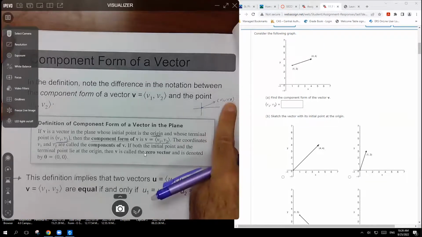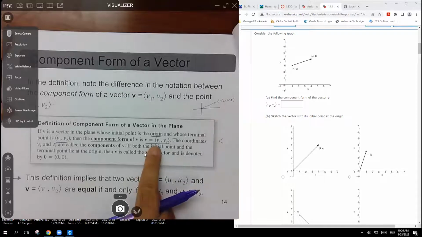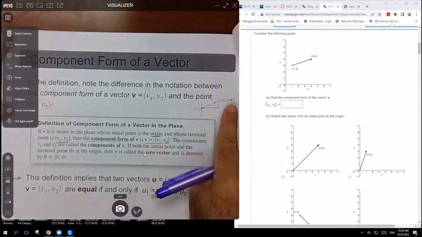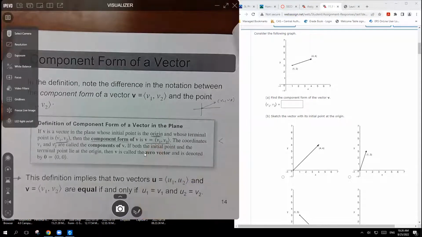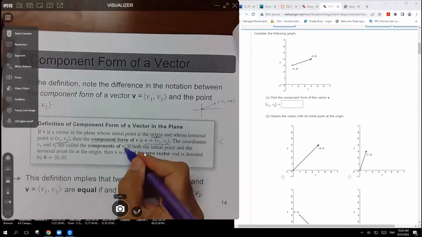To write down this vector V, we write the component form, V equals the terminal point, V1 and V2. The coordinates V1 and V2 are called the components of V. Until here, it's the end of the definition.